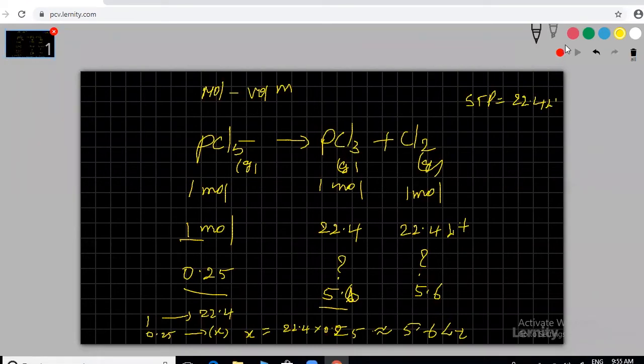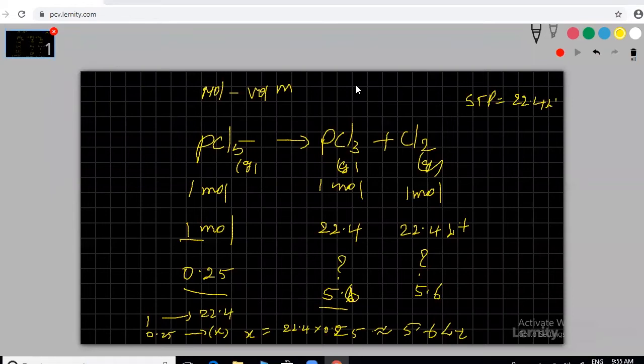We can take liters or ml. In chemistry we mostly use volume in liters or ml only, mostly in problems. Okay, shall we go to the next slide?